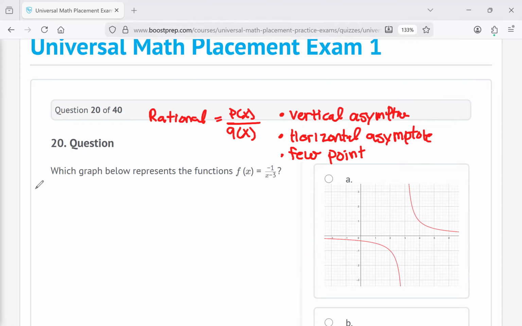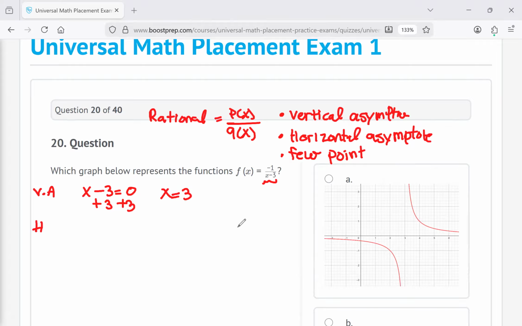So to find the vertical, I'm going to abbreviate it as VA. Set the denominator to 0 and solve for x. So my denominator is x minus 3. Set that to 0 and solve for x. And then, so our vertical asymptote is x equals 3.